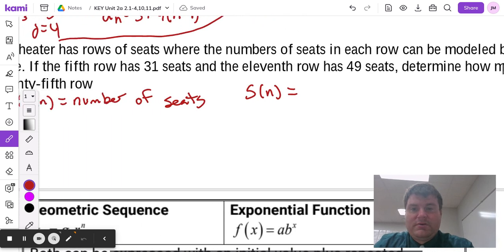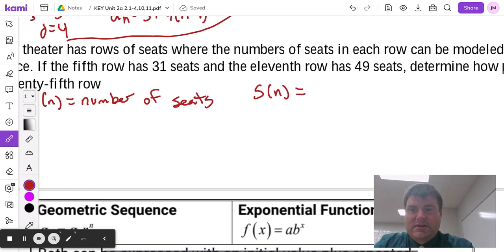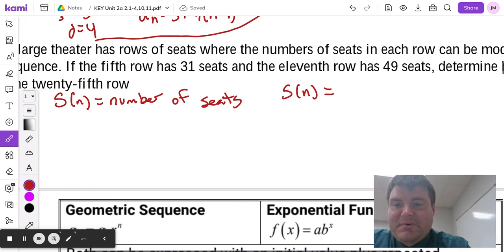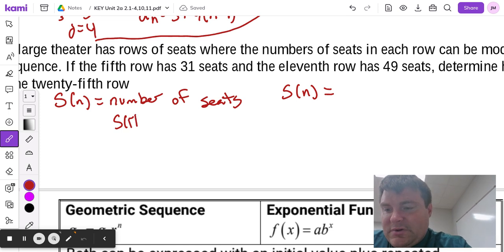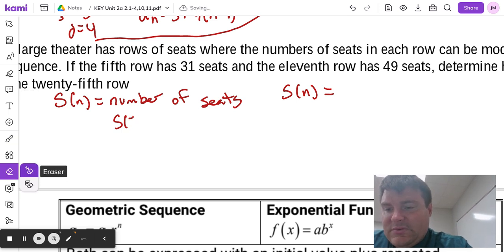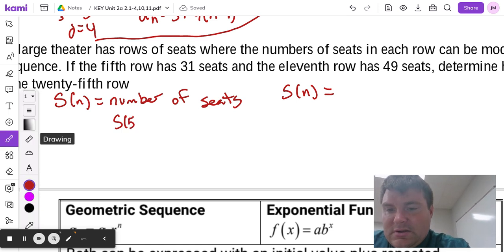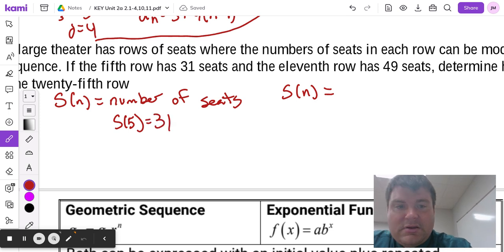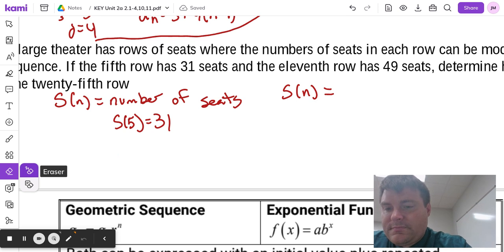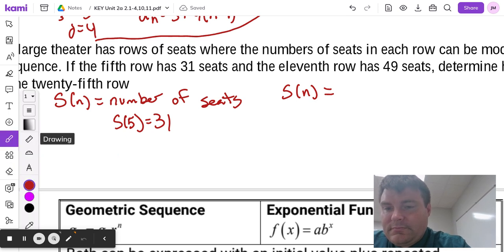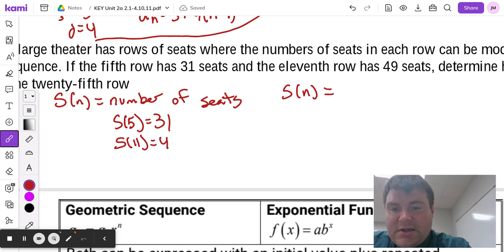The 5th row, S sub 5, is 31, and I know S of 11 is equal to 49.